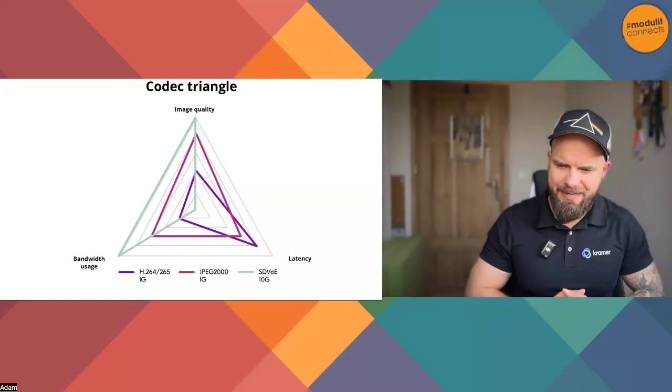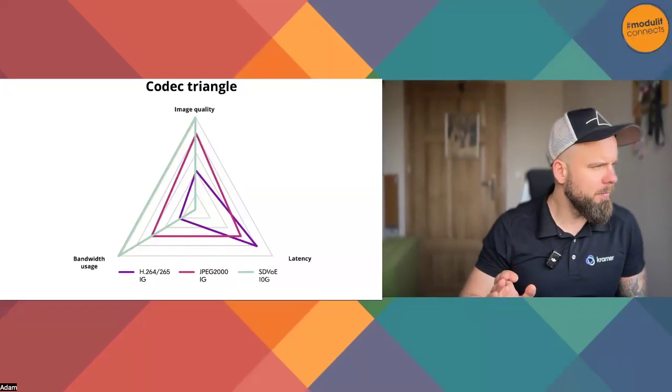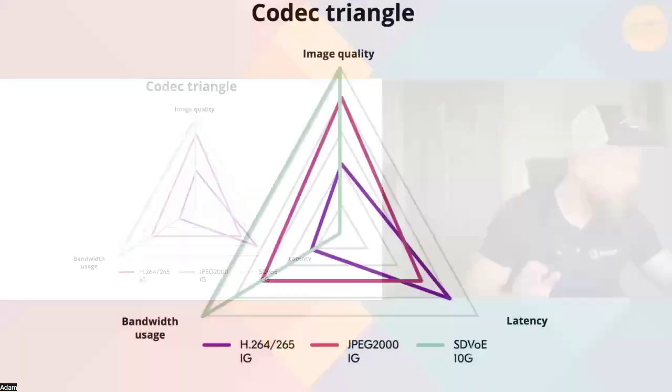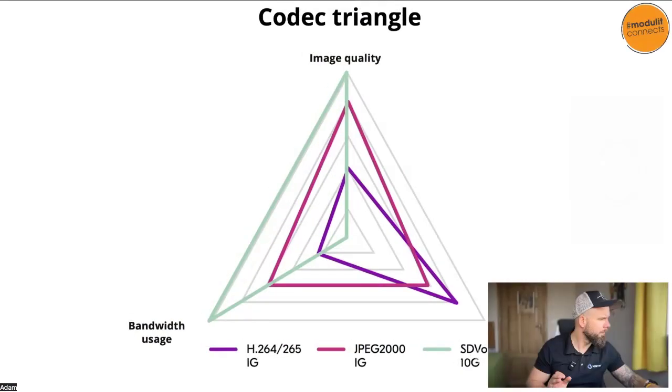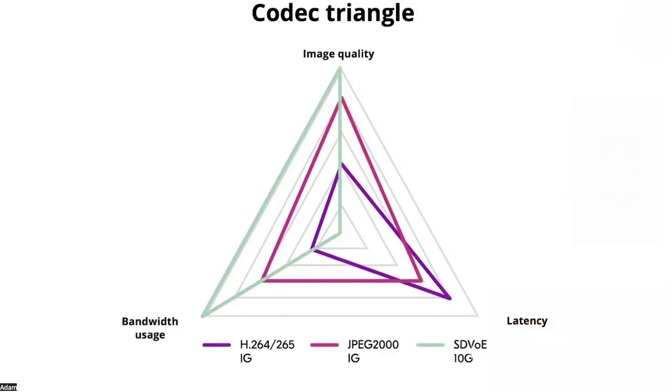Let's take a look at H.264/265 solutions. You see in the triangle that the image quality is quite low here because of the high compression. But thanks to the high compression, the bandwidth usage is really low. And thanks to the compression, the latency is quite high here, the highest of the solutions we are presenting.